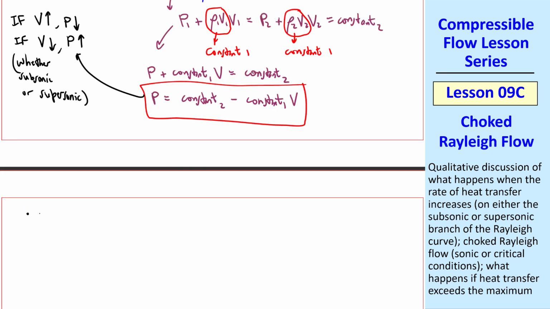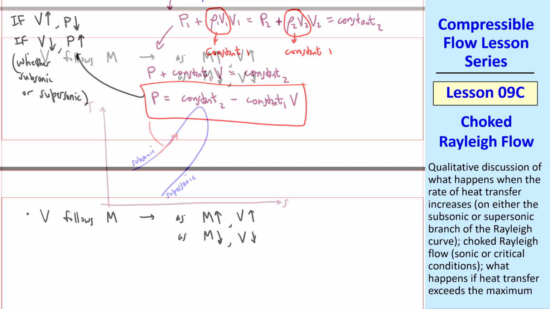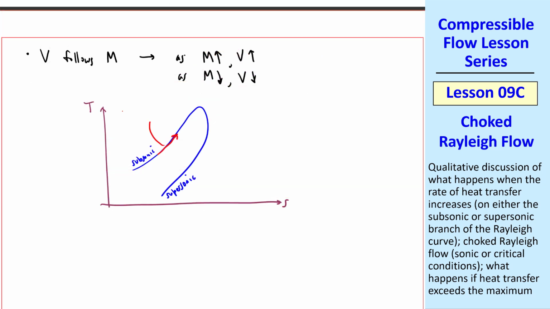It also turns out that speed V follows Mach number M. In other words, as M goes up, V goes up, and as M goes down, V goes down. So on this subsonic branch, Mach number goes up, which means V goes up, and pressure P goes down. It's the opposite on the supersonic case. Mach number goes down, therefore V goes down from here, and pressure goes up.